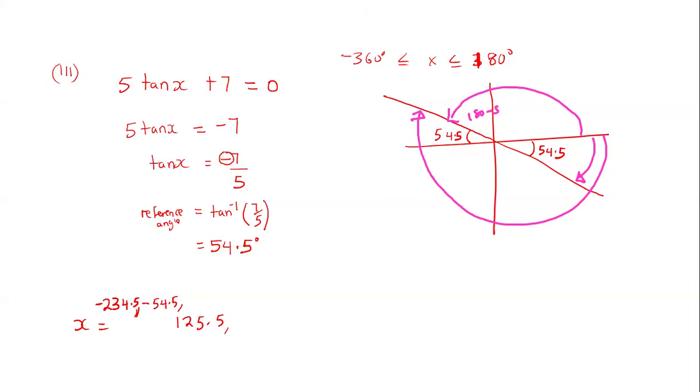We don't include the 305 because it's not within the range. Why do we go in different directions? Because you note that the domain that has been given is from negative 360 to 180, so you must give both angles.